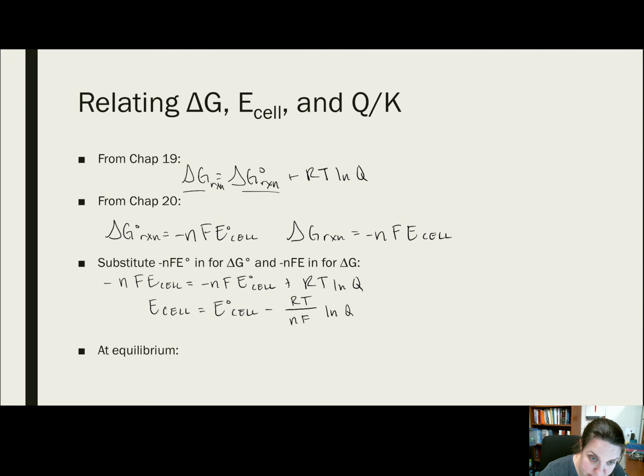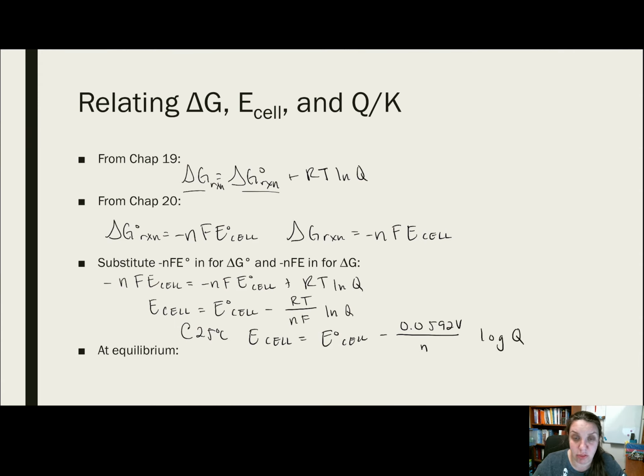And what we get is E cell is equal to E naught cell minus 0.0592 volts divided by N log of Q. So we've just changed it into a log base and put it at 25 degrees Celsius to get this equation. And this is our Nernst equation.